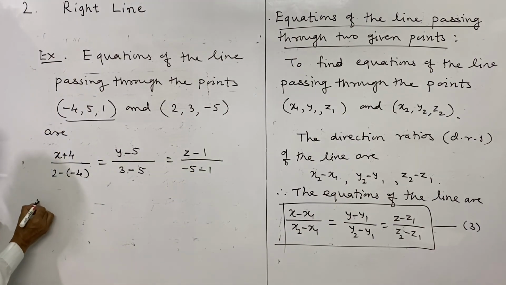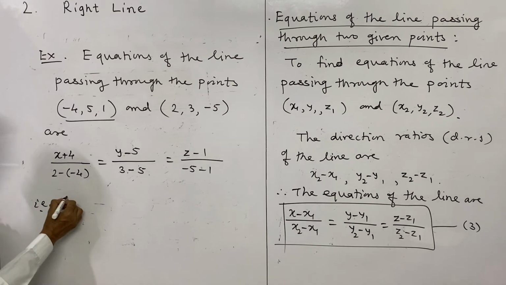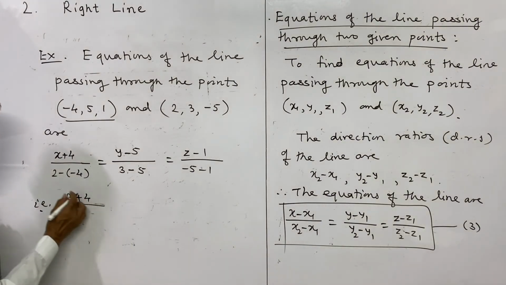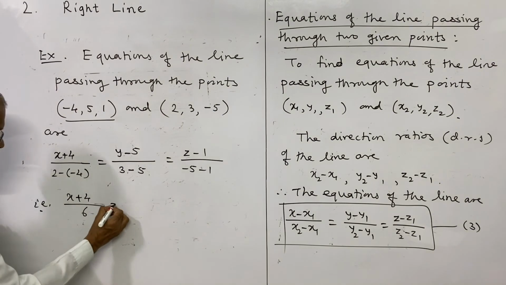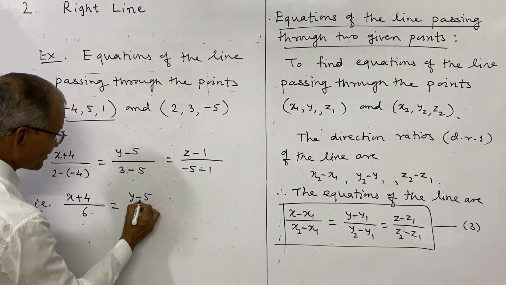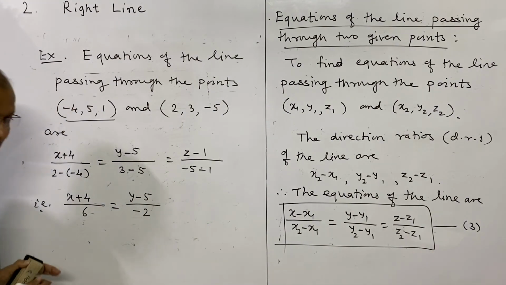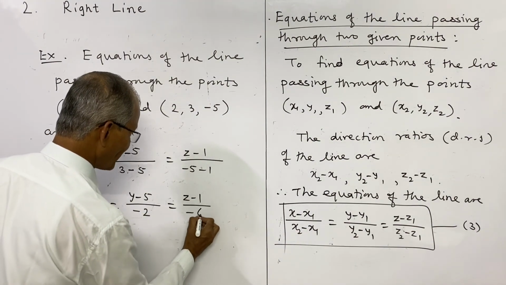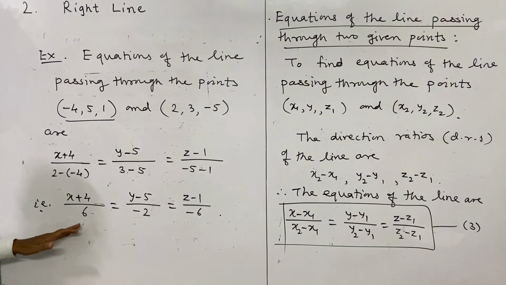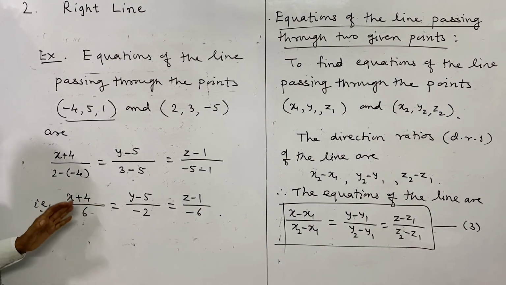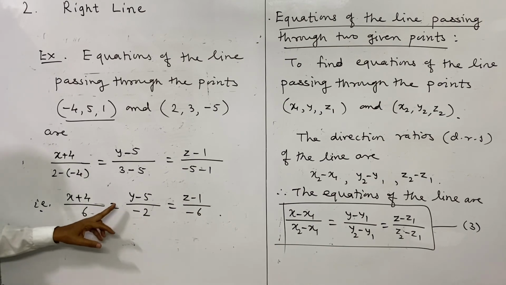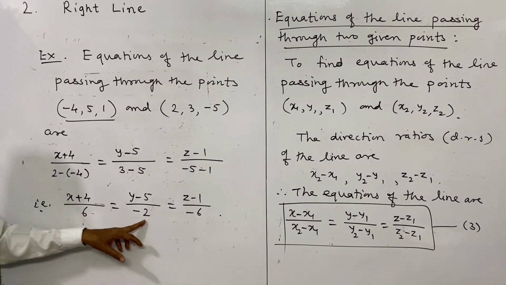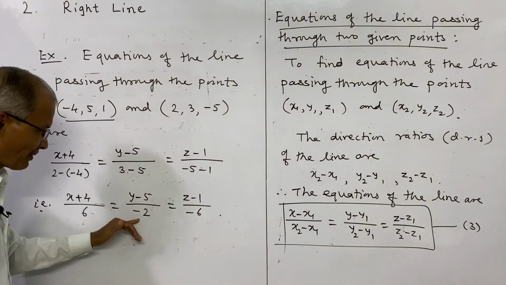Now this can be simplified. So it is x plus 4 divided by 2 plus 4, that is 6, and this is y minus 5 divided by minus 2, and this is z minus 1 divided by minus 6. Now this can be multiplied by minus 2 throughout, which means we divide the denominators by minus 2.